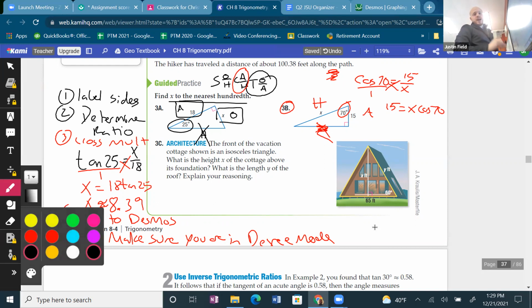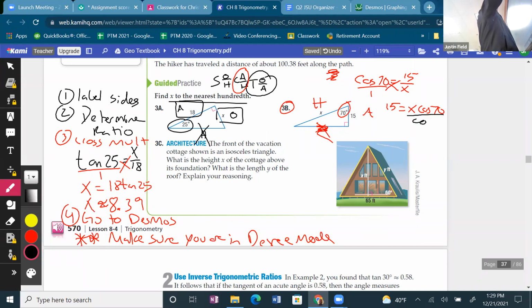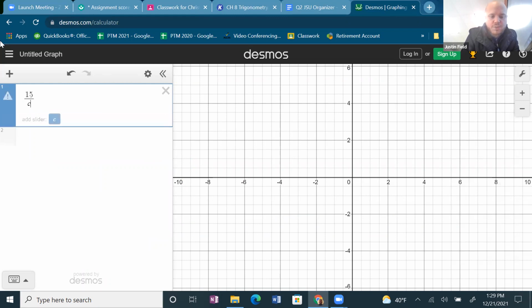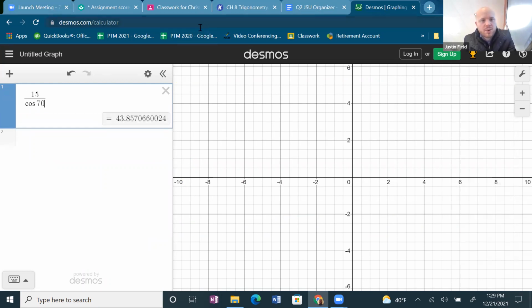Now, the x is on the side of the cosine 70. So what we want to do is divide by cosine 70. And so in Desmos, we're going to put 15 over cosine 70. 43.8. I'm going to round it up to 43.86.